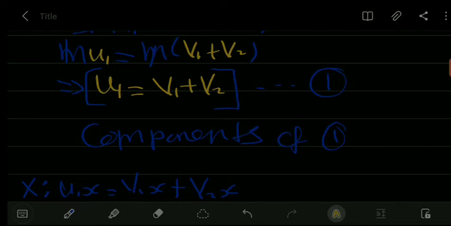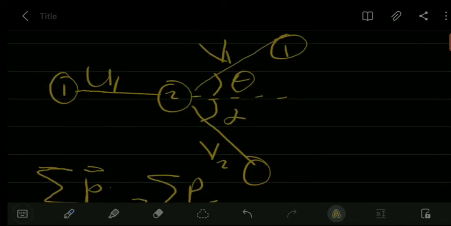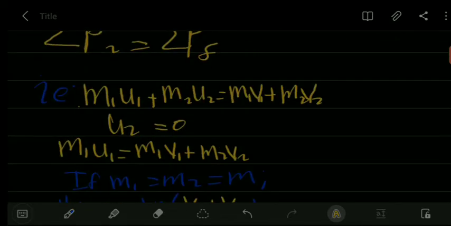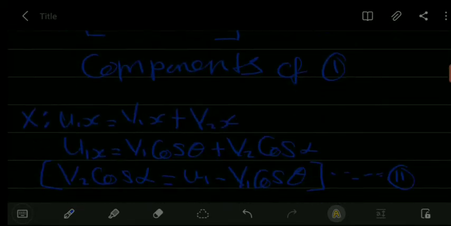Then notice that there is a change of direction in this diagram. If we consider the original direction of motion as the x direction, then we have to resolve this momentum into components. We have to consider the x components as well as the y components of the momentum.